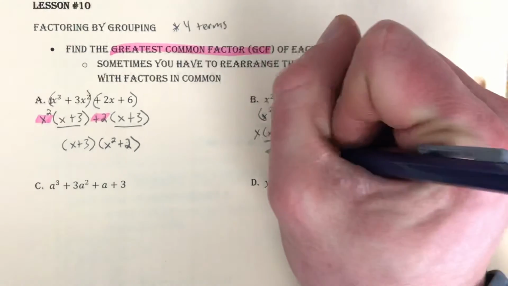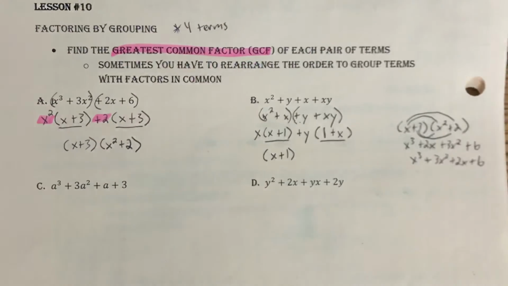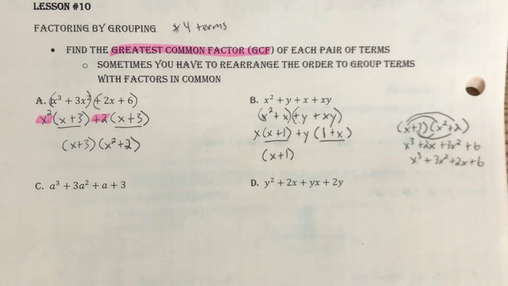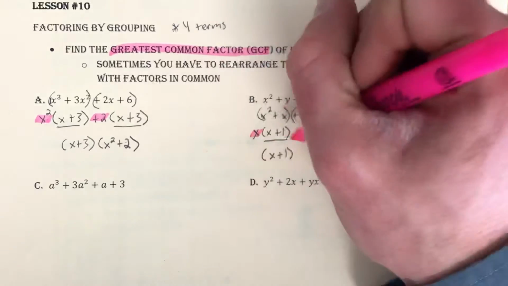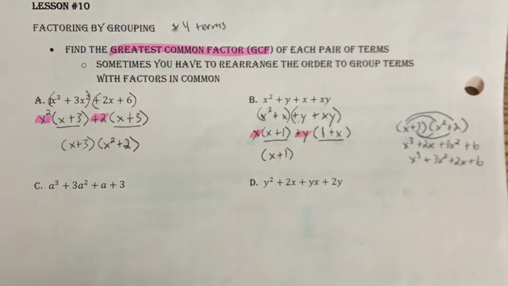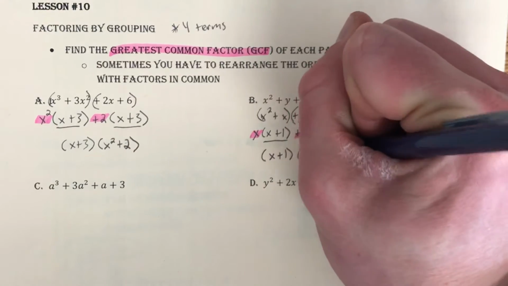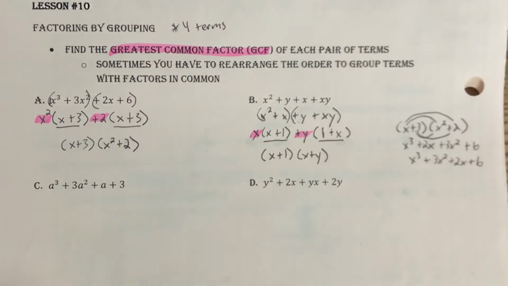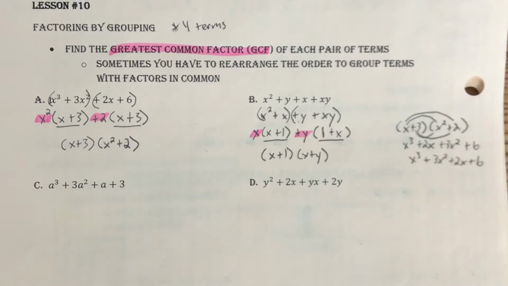So my first parentheses here is going to be x plus 1, written in that descending exponent order. My second parentheses is going to be what I see out front here, which is x plus y. So x plus 1 times x plus y is the factored version of this 4-term polynomial.